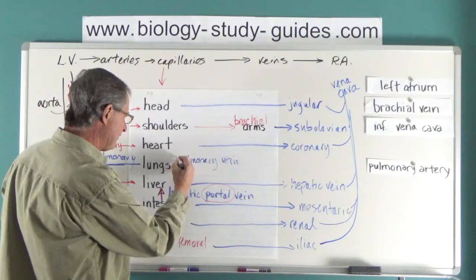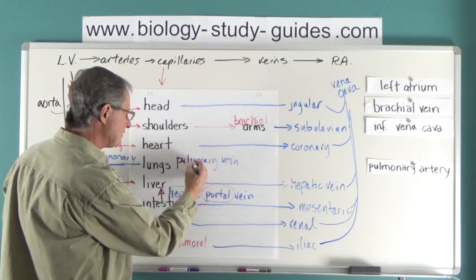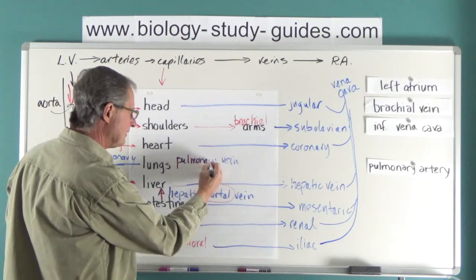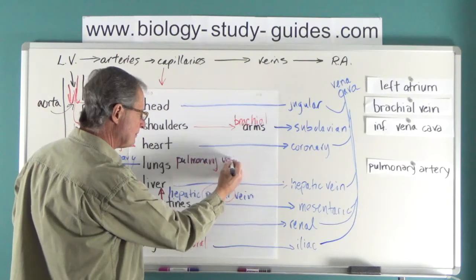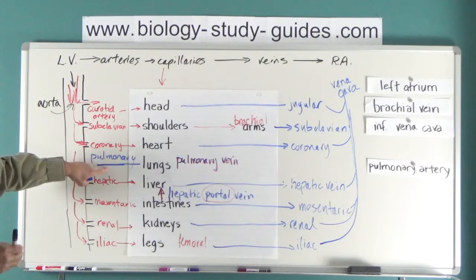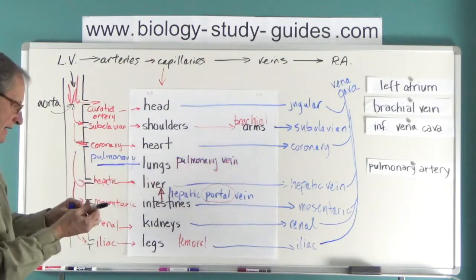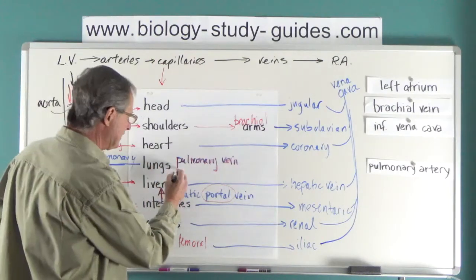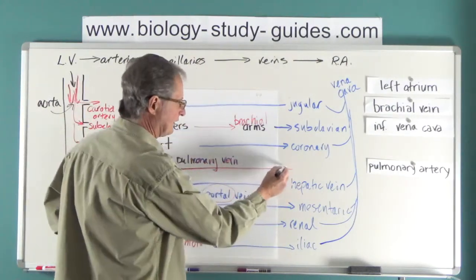I should have color-coded this differently, because it's the pulmonary artery that has deoxygenated blood. The pulmonary vein has the oxygenated blood, and it takes the blood back to the heart.